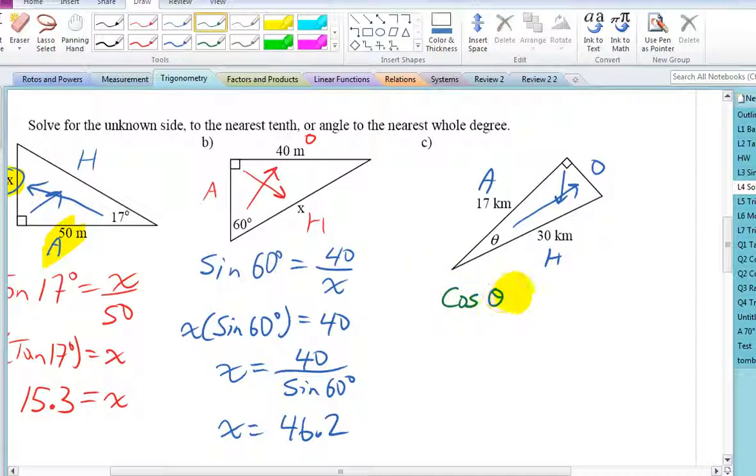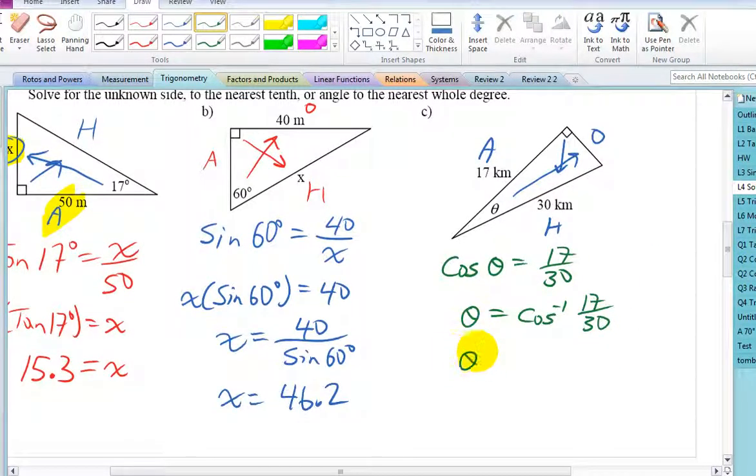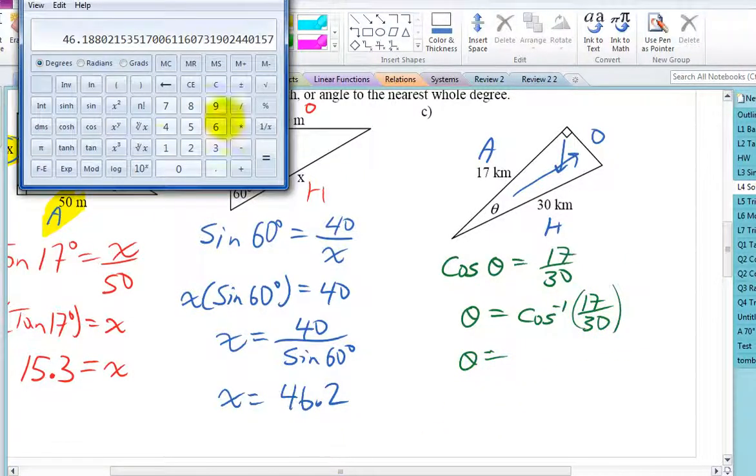So cos theta equals 17 over 30. Now our work is different again. Since we don't know the angle, we have to split the ratio and move it to the other side. It becomes inverse cos. Make sure you can do this on your calculator, and you ought to use brackets and a division. 17 divided by 30, inverse cos. 55 degrees.